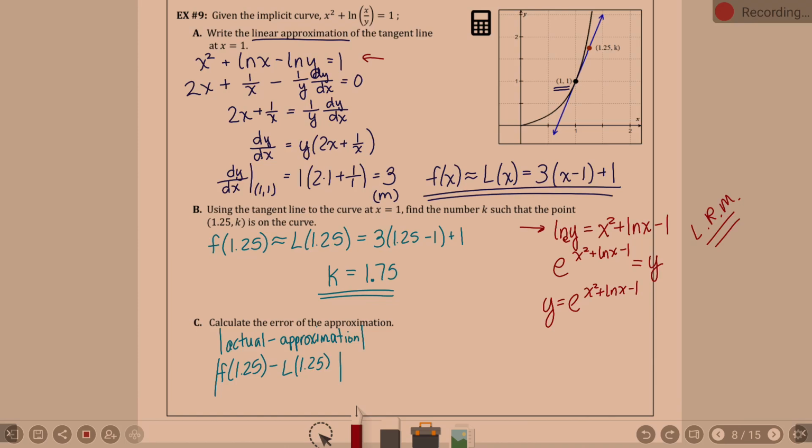Now, can you plug in 1.25? It's definitely a calculator. What'd you get? 2.19381.